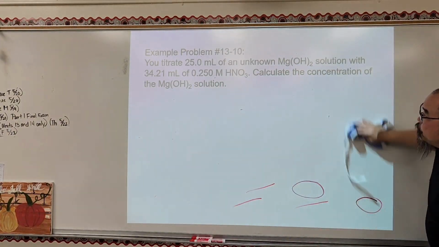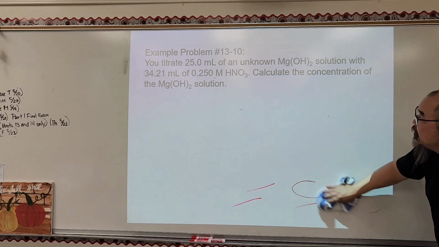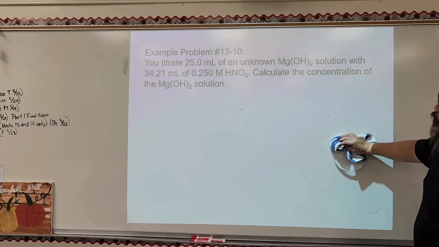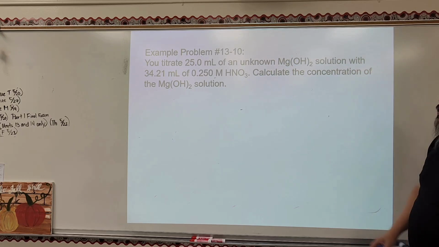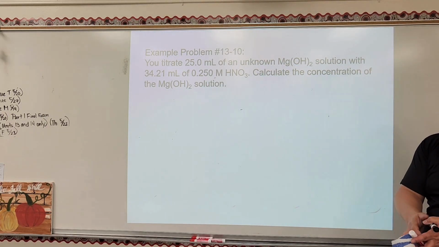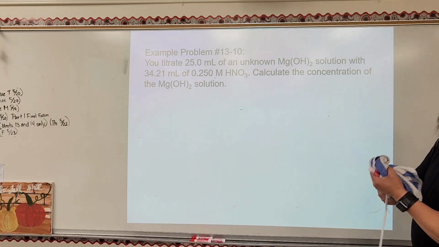slightly different. You titrate 25.0 milliliters of an unknown magnesium hydroxide solution with 34.21 milliliters of 0.250 molar nitric acid. Calculate the concentration of the magnesium hydroxide solution. And again, a lot of information. Break it down.